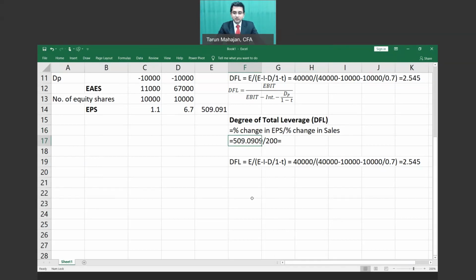And here, percentage change in EPS is 509 and percentage change in sales is 100. So DTL will be 5.09.